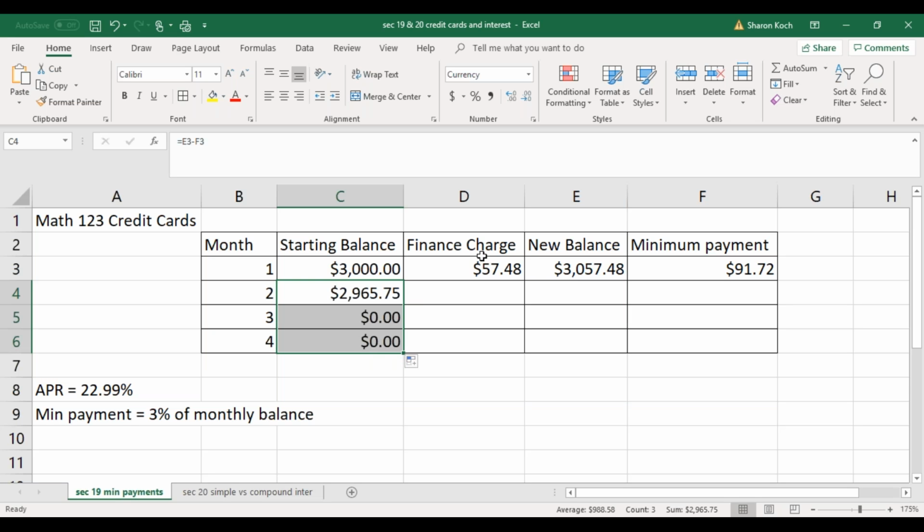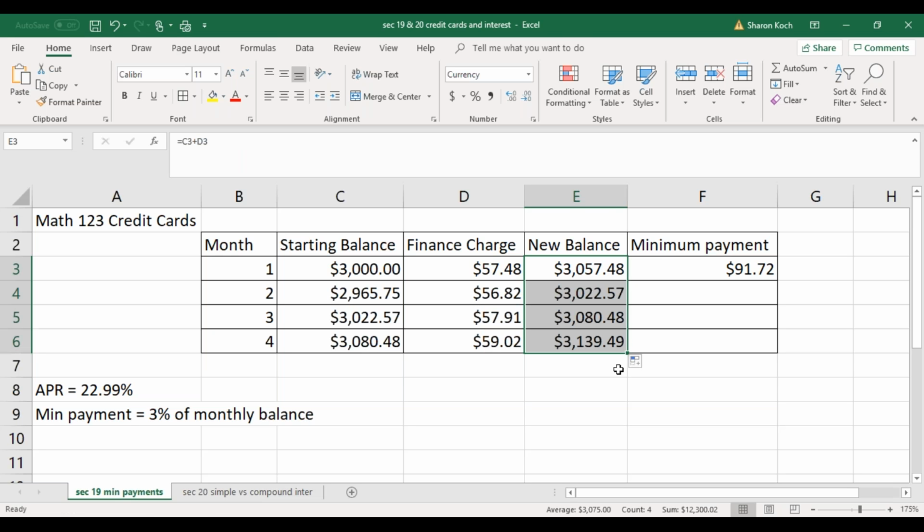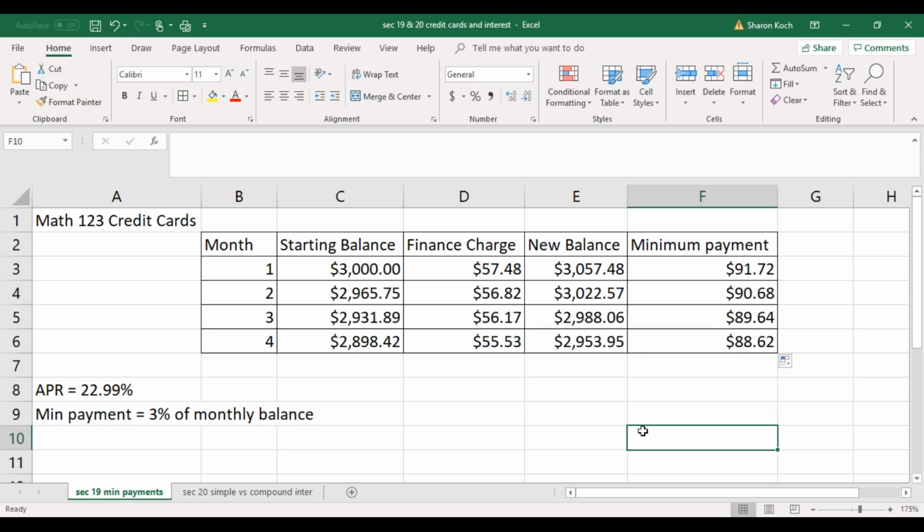There's zeros here because I haven't finished dragging the rest of these columns. So now I'm going to come over here, get the little plus sign, drag that down. Whoops, starting to fill some in, but I still don't have the rest of these filled in. Click on that, drag that down. Oops, things are starting to change. And then come on over here and drag that down. So everything gets entered there.